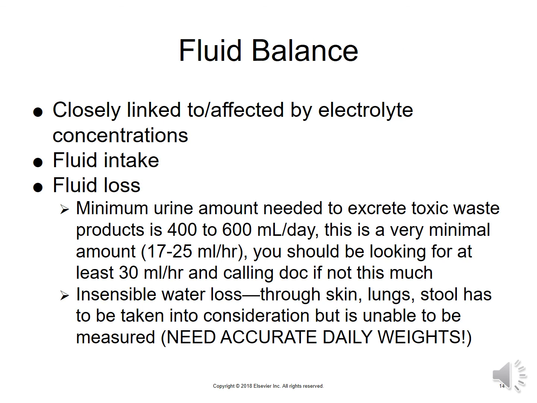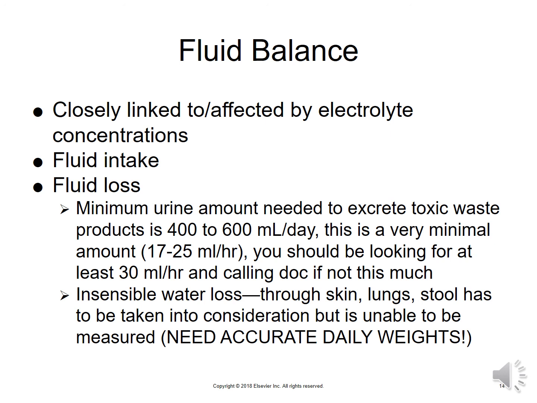So fluid balance is closely linked to and affected by electrolyte concentration. It also has to do with fluid intake and fluid loss, of course. Minimum urine amount needed to excrete toxic waste out of the body is 400 to 600 milliliters a day.